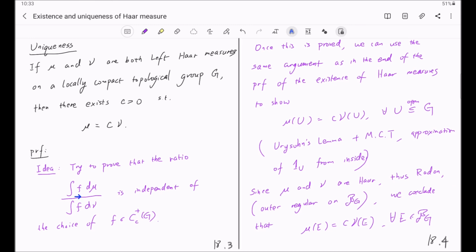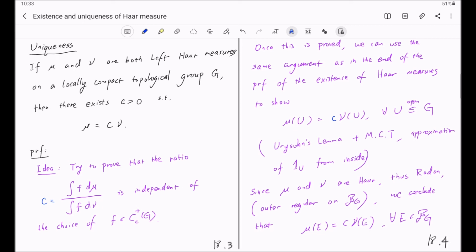So we get that this quotient is independent of the choice of f in C_c^+(G). And if this quotient is equal to the constant c, then for this constant c, mu is c multiple of nu. And this verifies the uniqueness of Haar measure.